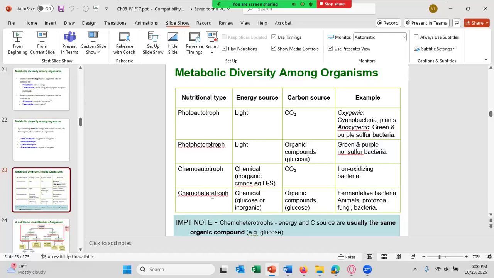The next easiest group to talk about are the chemoautotrophs. These organisms include some of the chemosynthetic bacteria. If the chemosynthetic bacteria gets its energy source from an inorganic chemical compound, such as hydrogen sulfide or a sulfate compound or a nitrogen compound or an iron compound, and they get their carbon source from CO2, then they are a chemoautotroph.